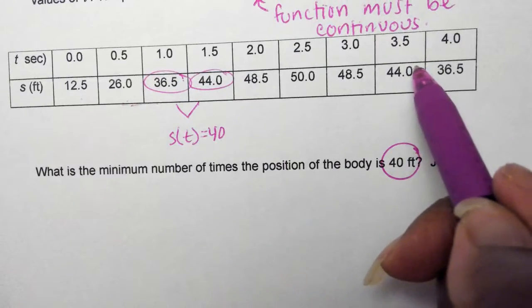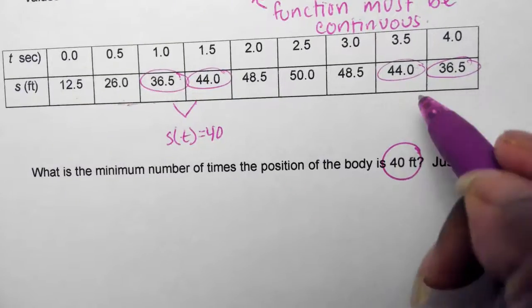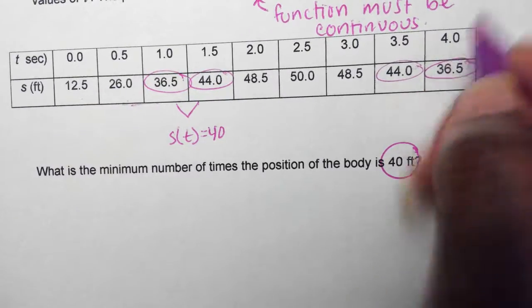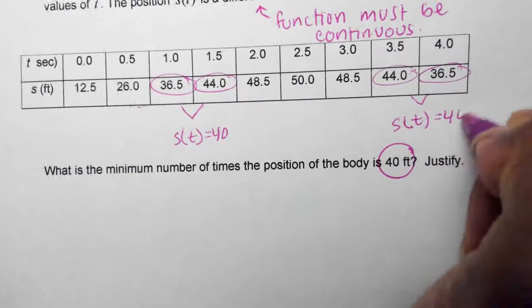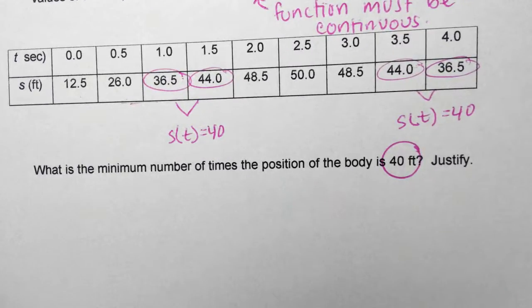And then back here at the end, again, we see this 44.0 and 36.5, so somewhere in here, S of t also has to equal 40. So in order to justify this, we need to prove that by the intermediate value theorem, our data will be 40 feet at least 2 times if graphed.